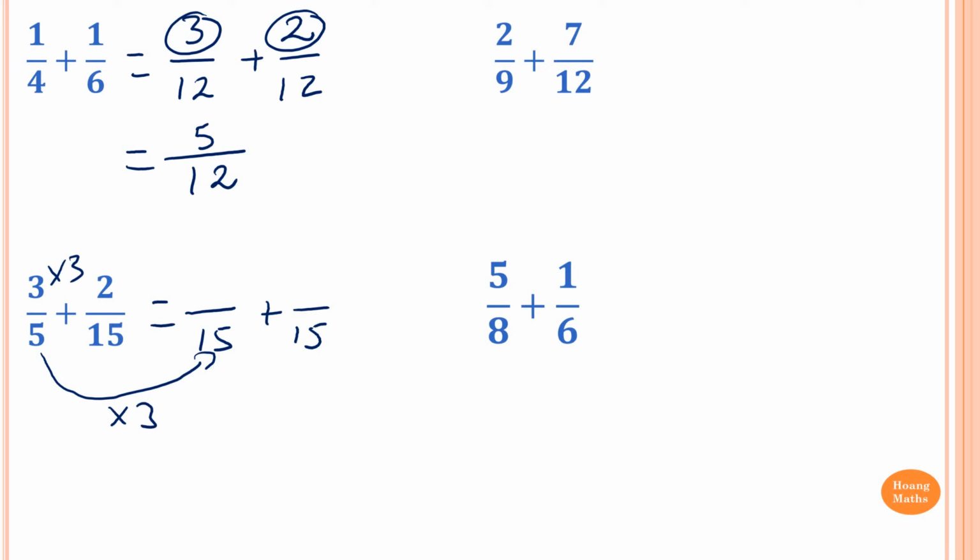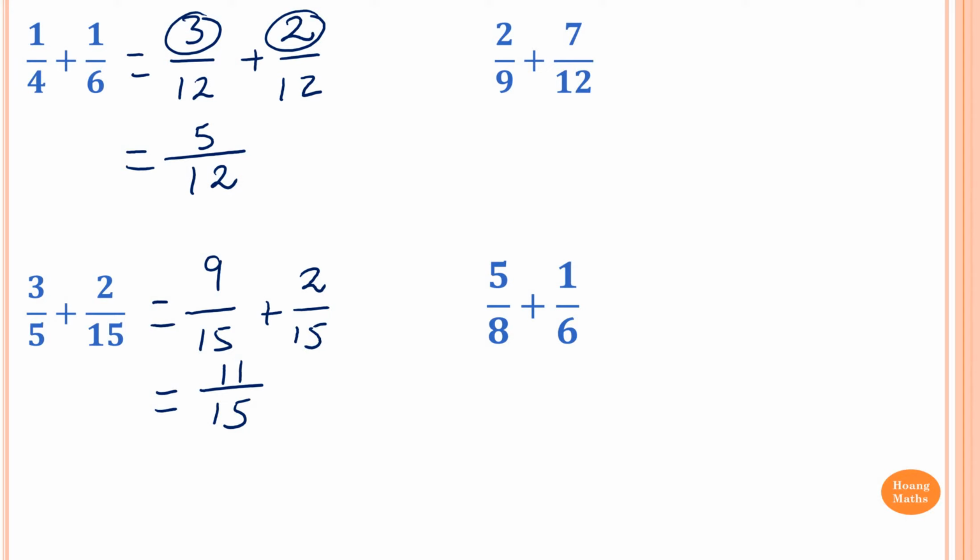So 3 times 3 is 9. And then from 15 to 15, I didn't do anything, so I just write this out, which is 2. So that means we just add 9 and 2. So 9 plus 2 is 11. So 11 over 15. And I cannot simplify any further.